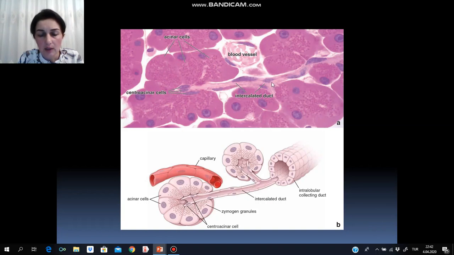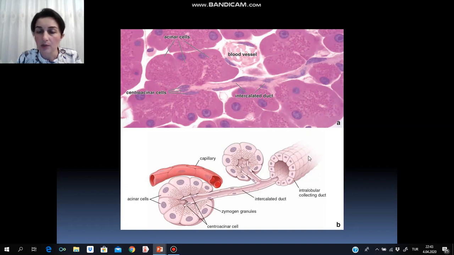Intercalated ducts we are looking at here, and the blood capillaries which surround the secretory portions. Then after the intercalated ducts, we will have intralobular ducts which will continue into the interlobular ducts, and they will join each other and form the pancreatic duct.